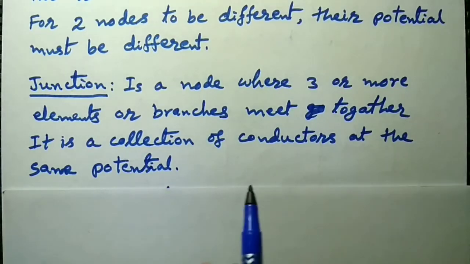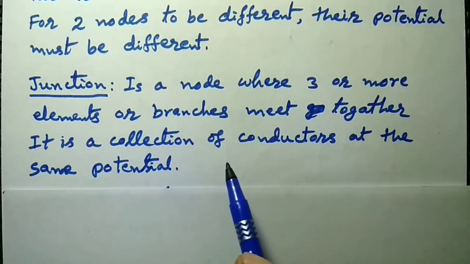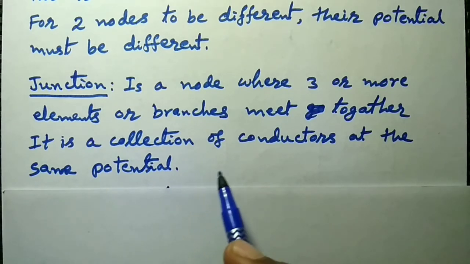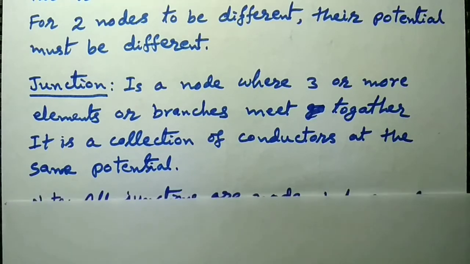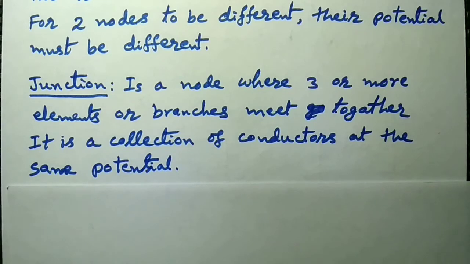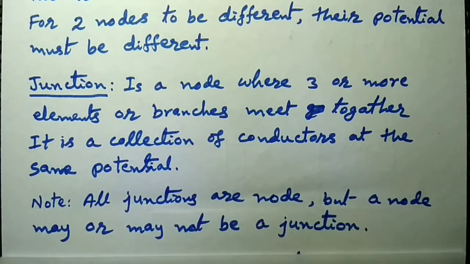Junction is also a node or a point where three or more elements or branches meet together. So it is basically considered as a collection of conductors at the same potential. Remember one thing, all the junctions can be considered as a node, but all the nodes cannot be considered as a junction, because junction is where 3 or more branches are connected, node where 2 or more branches are connected.